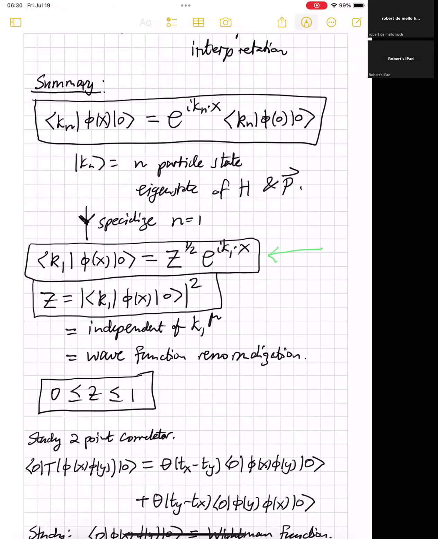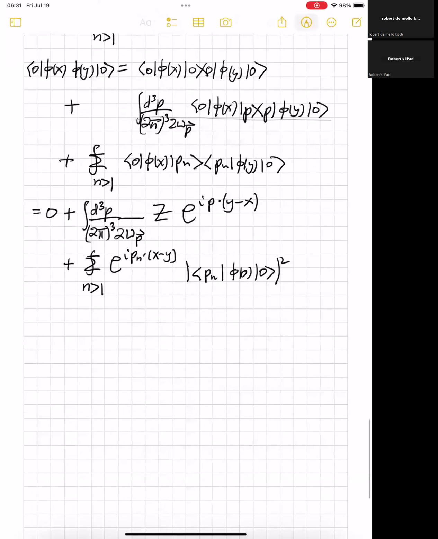This allows us to relate the field phi of x at position x to the field phi at position 0. So that's what I've done there. And just to stress again, this is an incredibly general argument. All that we've used so far is translational invariance and Lorentz invariance. All that we've used so far is Poincare invariance.